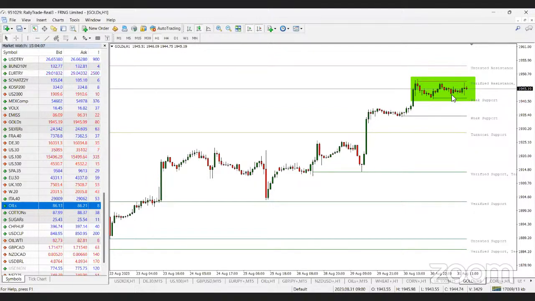That means I want the body of the candlestick to form above that resistance point, or form below the support point, to really let us know that price has broken that resistance or that support.